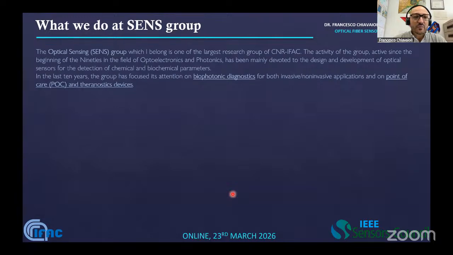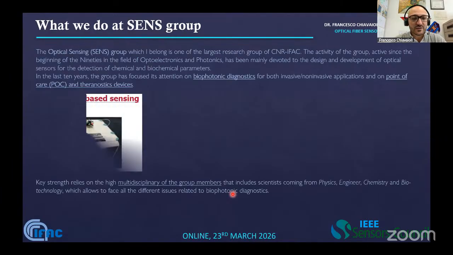The group which I belong to is now called the Optical Sensing Group. It is one of the largest groups in our institute. The main focus is related to the development of biophotonics devices for diagnostics based on invasive and non-invasive devices, and point-of-care and theranostics devices.